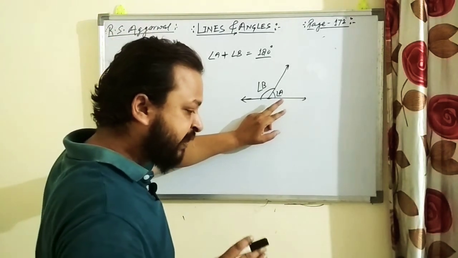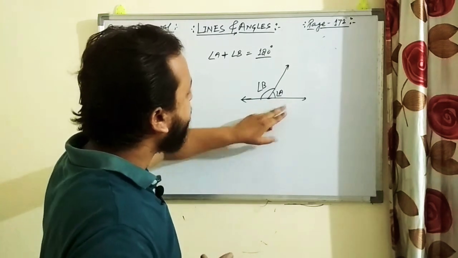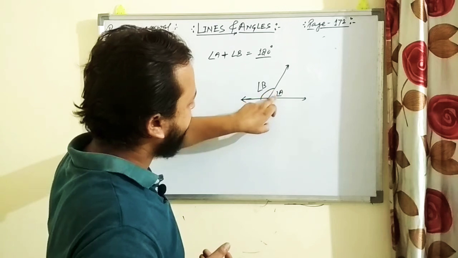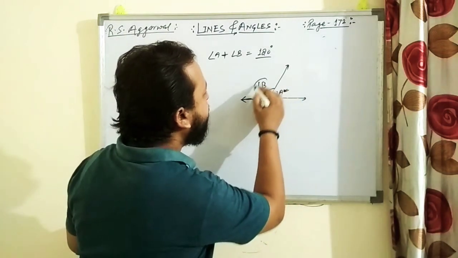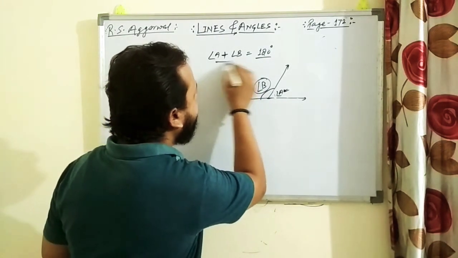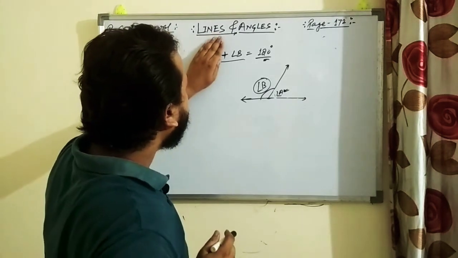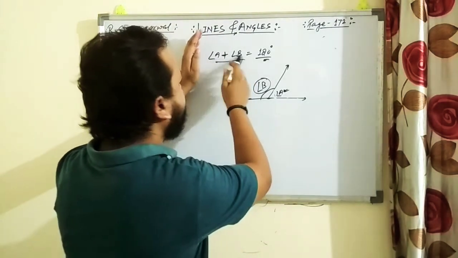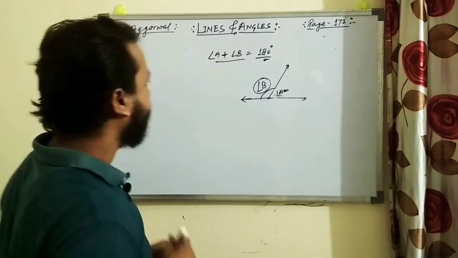In the question it is given to find the angle which is equal to its supplement. Supplement means, if this angle I have taken is angle A, then B is the supplement of A. Supplement means here the sum is 180 degrees, right? So if A is taken, B is its supplement. If I have taken B, A is its supplement, right?